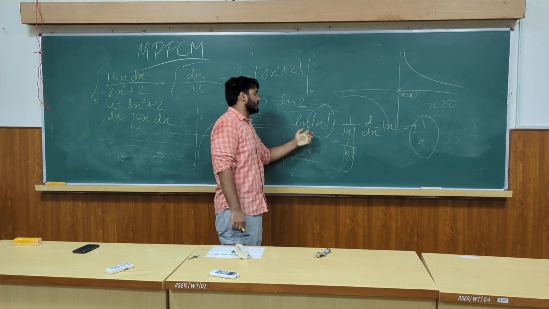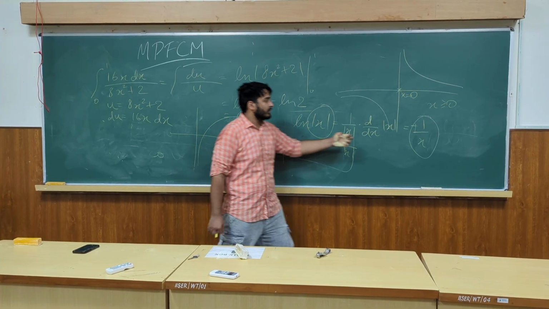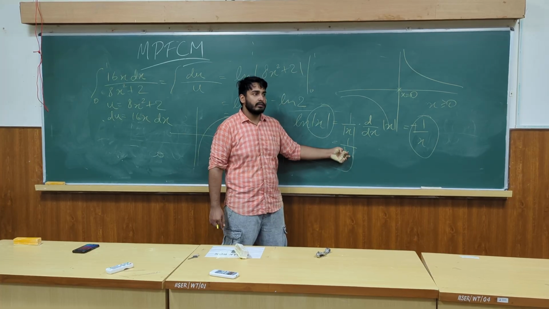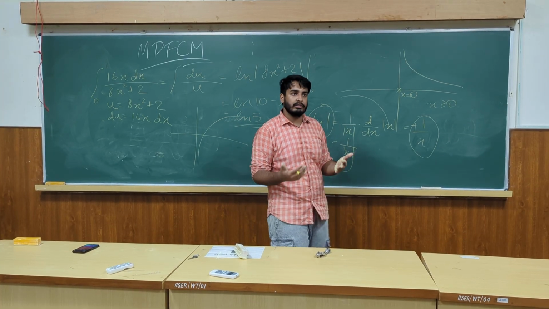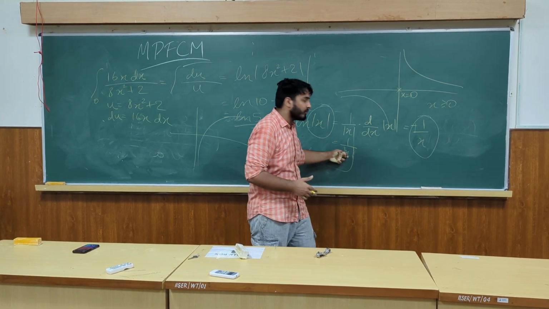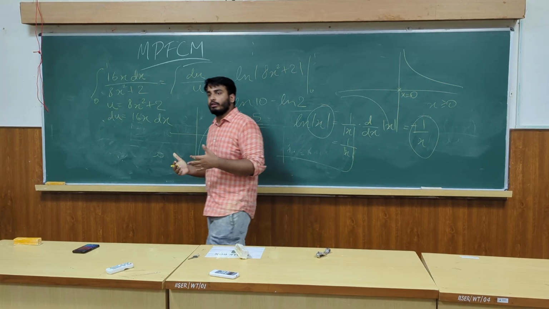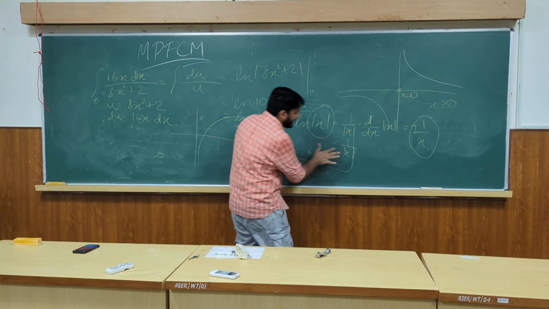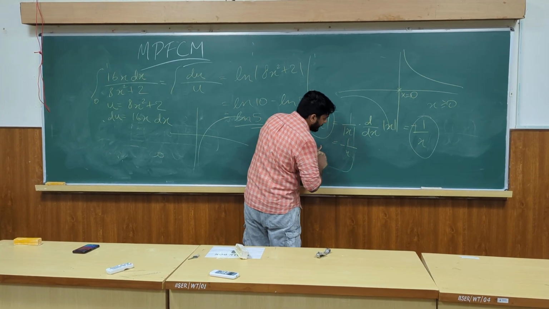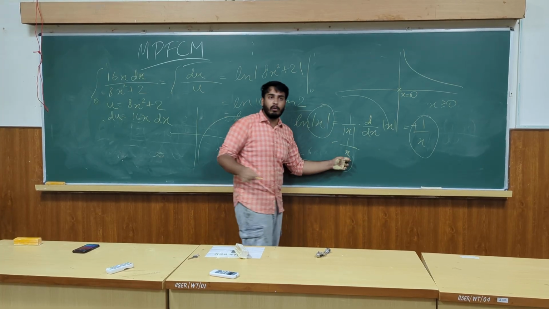So the point I'm trying to make is, if you take the ln mod of x, you always get 1 over x, regardless of what your x is, because the mod of x can now be positive or negative. To reiterate, even here since x is positive, I still get 1 over x.